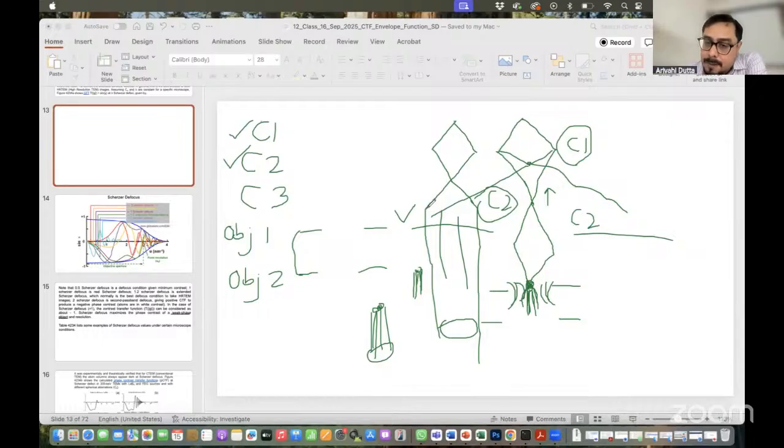Your electron beam will go like this, or your crossover point will be somewhere here, and then you either make your electron beam parallel or make it something like this. Both the C1 and C2 lens work together with the aperture to decrease the dose.